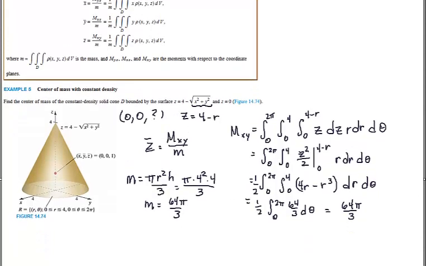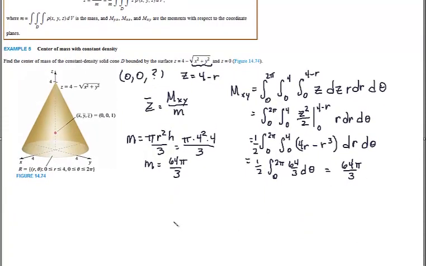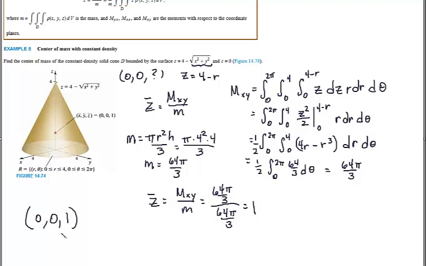Then, in order to get that z bar, that's going to be Mxy over m. So that's 64 pi over 3 divided by 64 pi over 3, which equals 1. So the center of mass is at 0, 0, 1. All right.